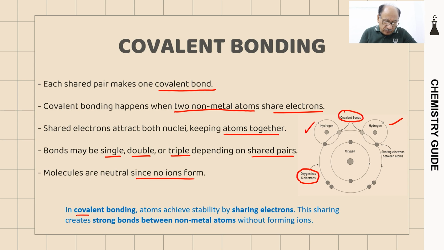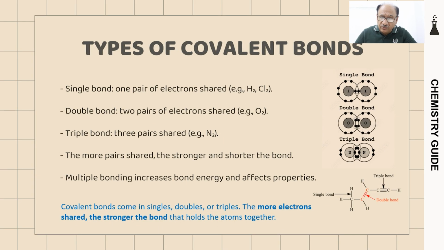In covalent bonding, atoms achieve stability by sharing electrons. This sharing creates strong bonds between non-metal atoms without forming ions. Even then, they are sharing their electrons and forming the bond.